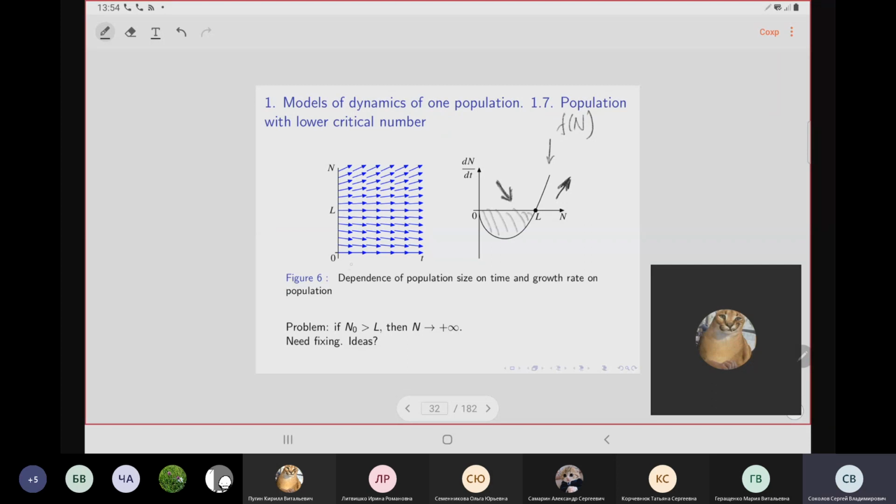We can draw the solutions of our system, and we can see that all the solutions that start below L are going to 0, and the solutions that exceed L are increasing.